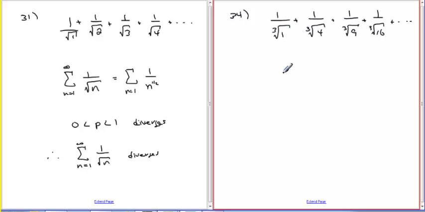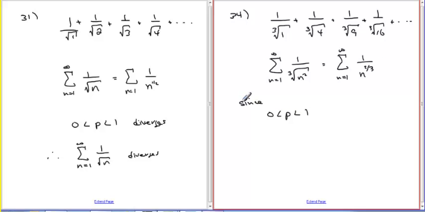And you see this is n squared, so we can rewrite this as the summation from n equals 1 to infinity of 1 over the cube root of n squared. Again, we'll write it in terms of fractional exponents because that's the way the theorem is set up, and we get 1 over n to the 2/3. So this is the denominator, that's the numerator. Again, p in this case is between 0 and 1, so since p is between 0 and 1, the series diverges.